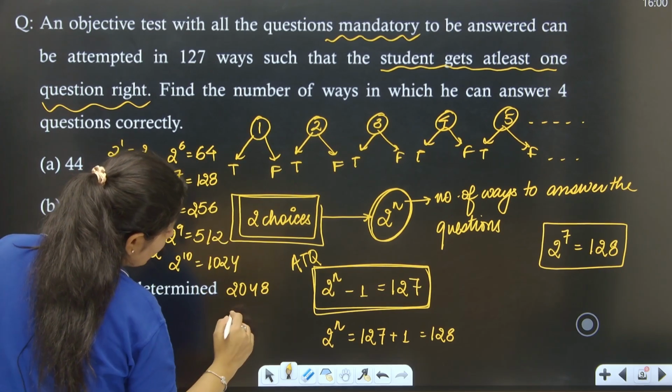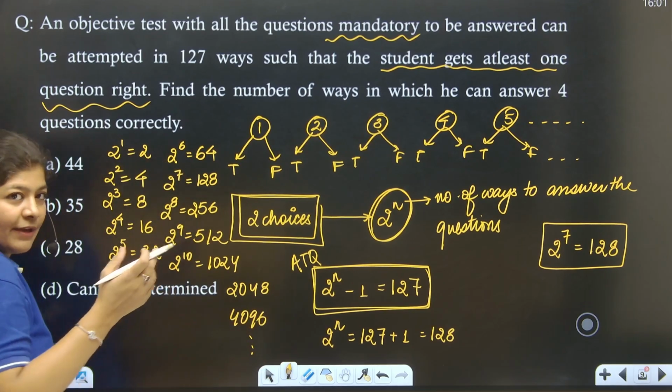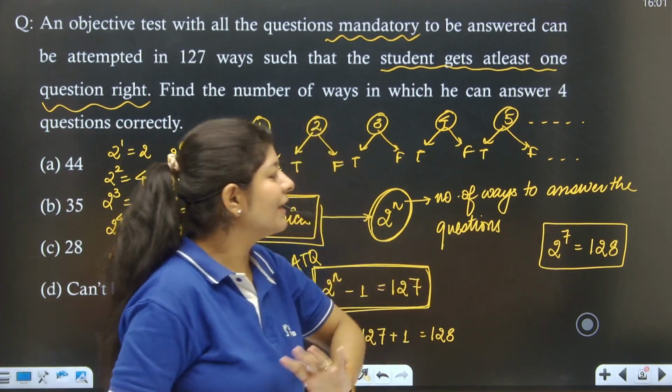These are the ways through which you can write it. So we got that 2 to the power 7 is 128.